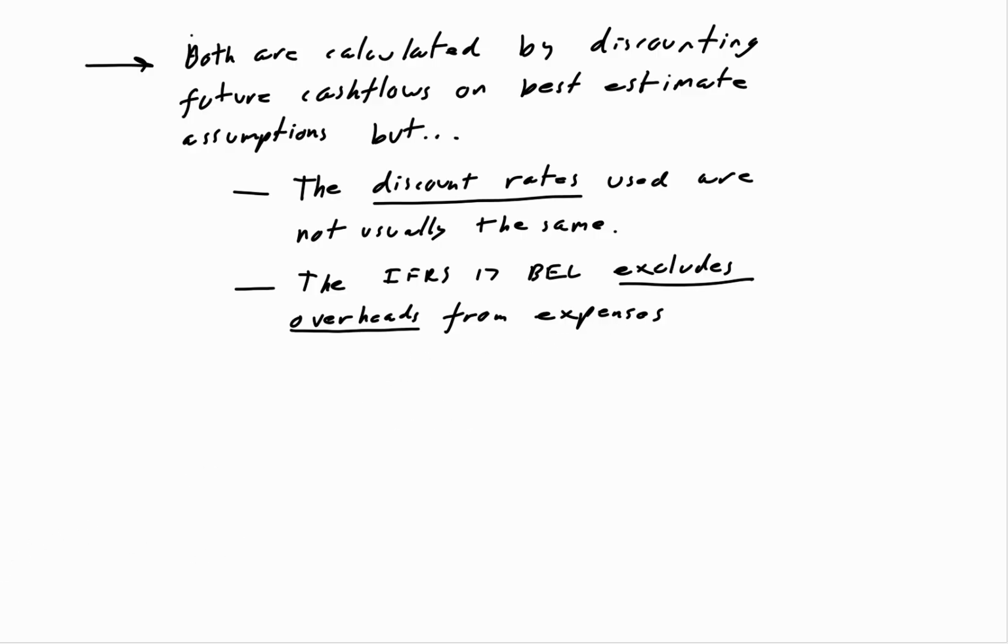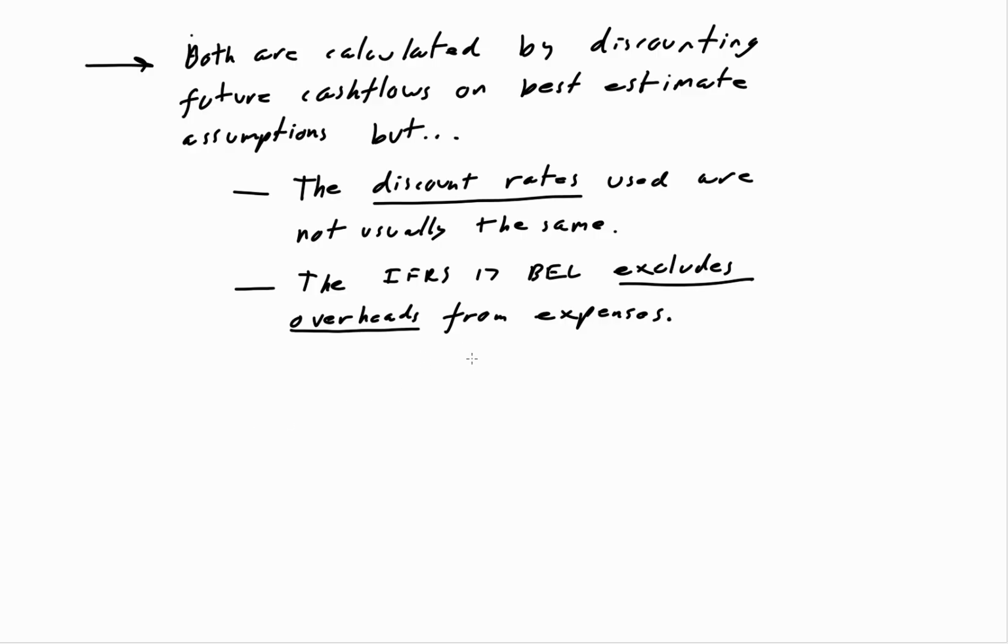Initially that seems really weird, and it definitely surprised me. The overheads don't disappear from the accounts, they're just dealt with somewhere else in the accounts. They're not dealt with in the calculation for the profitability or the balance sheet for the insurance cash flows in particular. So I'll just make a note on that.